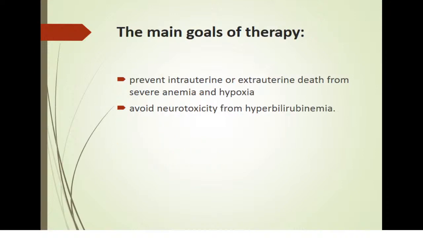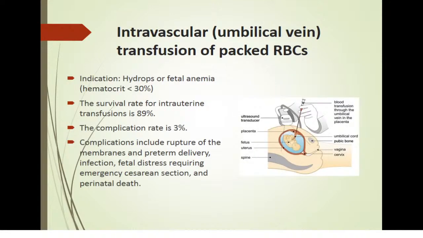The main goals of therapy are, first, to prevent intrauterine or extrauterine death from severe anemia and hypoxia, and second, to avoid neurotoxicity from hyperbilirubinemia. Intravascular umbilical vein transfusion of packed red blood cells is the treatment of choice for fetal anemia.